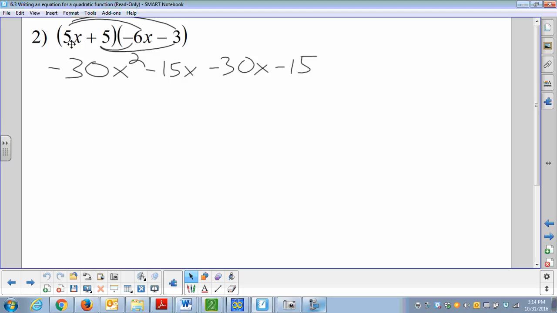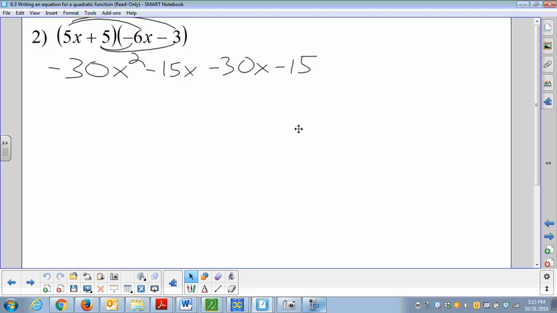We do 5x times negative 3, and we get negative 15x. When we multiply 5 times negative 6, we get negative 30x. And then we multiply 5 times negative 3, we get negative 15. Okay.